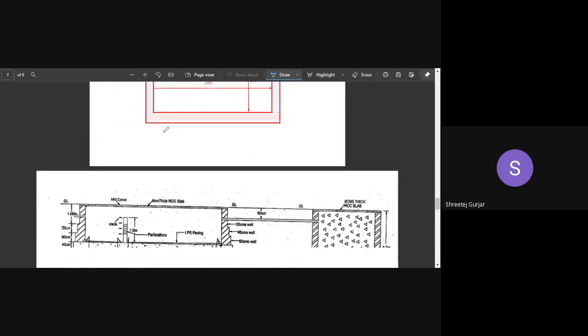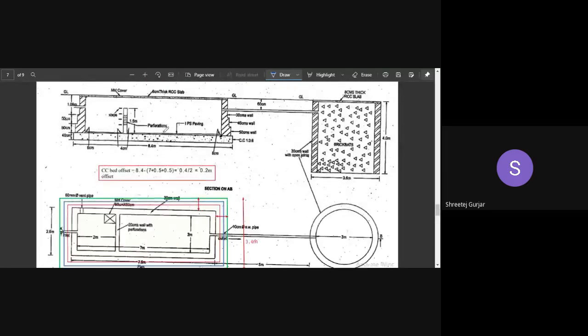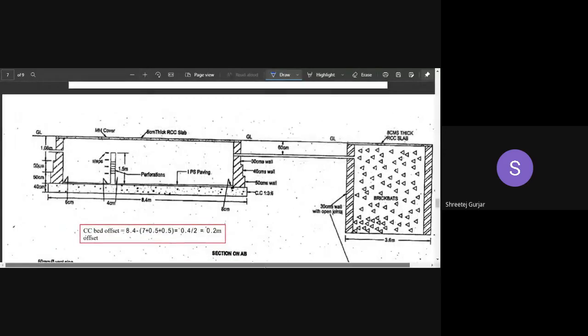Now we will look into how to calculate the dimensions for your excavation. Can anyone just add all of these values so that we can get the total height of excavation required, from ground level to base? Get a calculator and add 1.08 plus 50 centimeters plus 50 centimeters plus 40 centimeters.